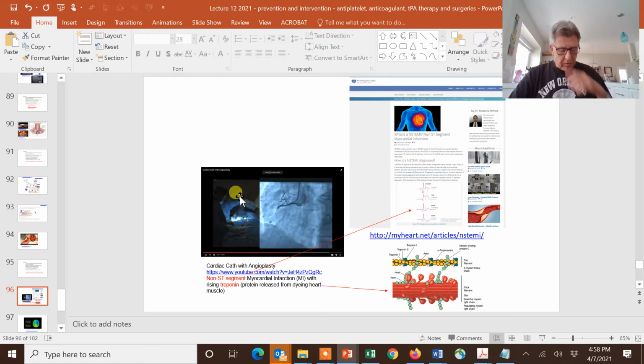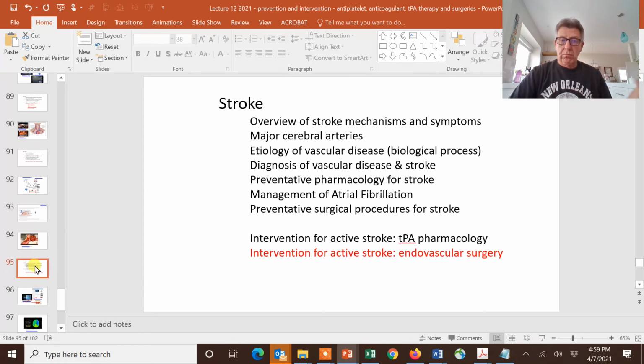And you're going to come up through the femoral artery, right? And you're going to be using fluoroscopy, all right? And you're going to be monitoring the guiding catheter that you're going to use to do the endovascular surgery.